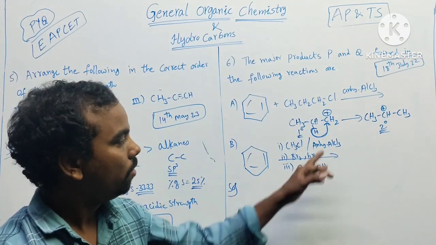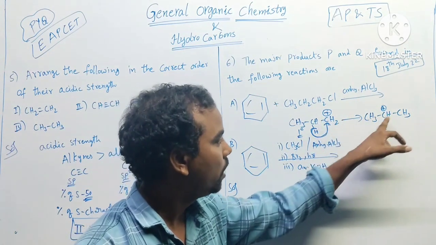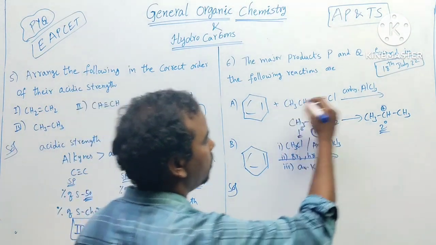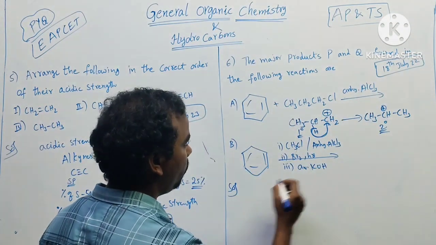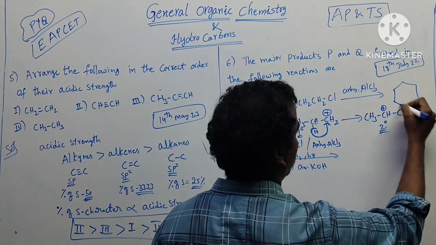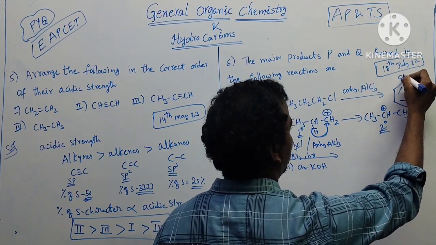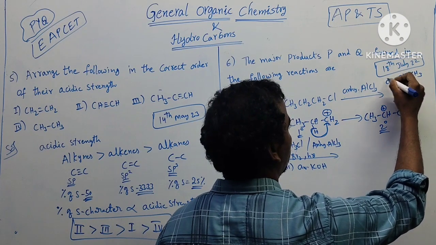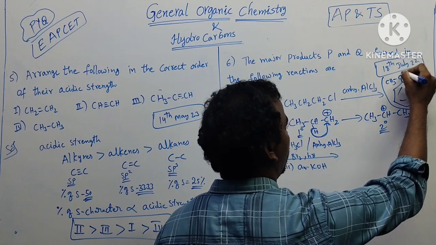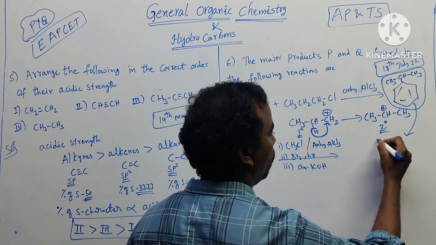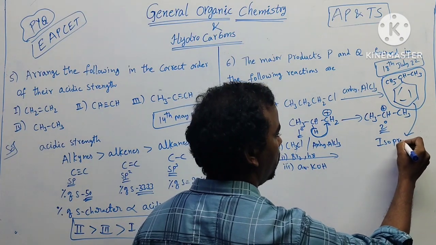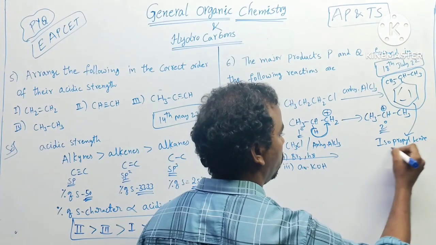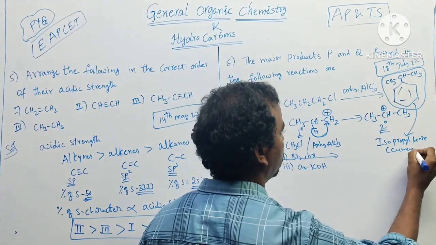When compared to primary carbocation, secondary carbocation is more stable. So that's why in the first reaction, isopropyl benzene is formed, another name cumene. So cumene is formed in the first reaction.